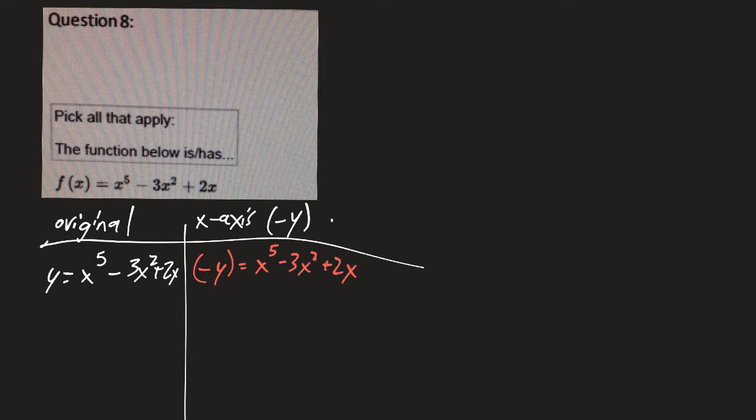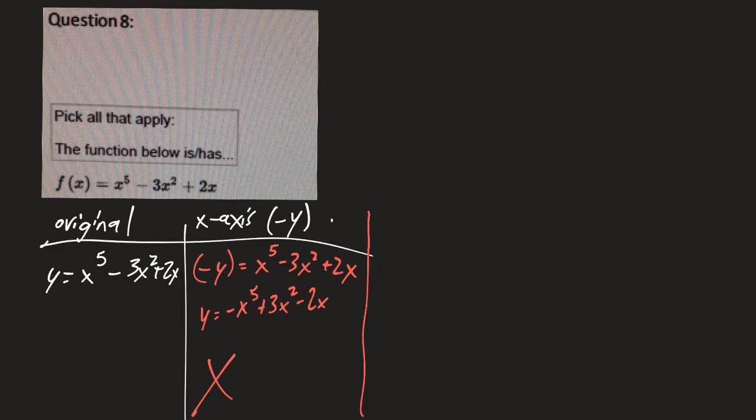And I notice my negative is not canceling out. There's no exponent there. And if I even get that y by itself, we're going to notice that this equation is not the same as what I started with. And that means that this function is not going to have this. So I'm going to put a little x there just so that we know that one is no good to me.